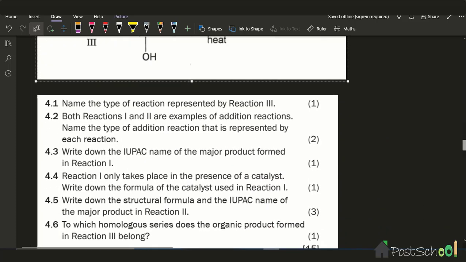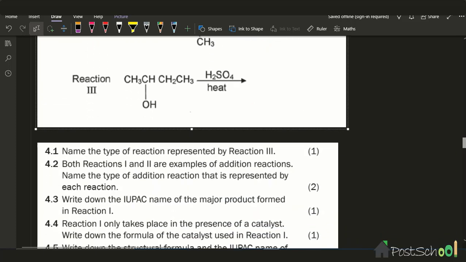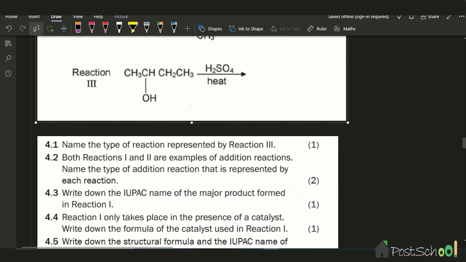The type of reaction represented by number 3 is elimination, since OH is removed.